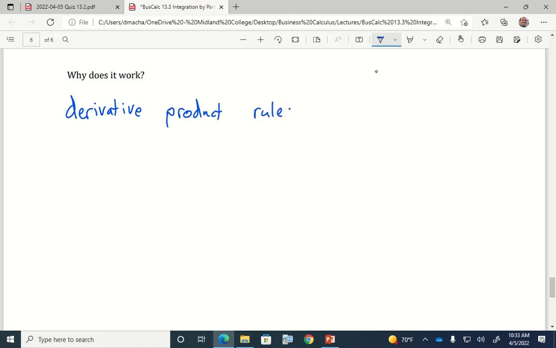The derivative product rule told us that if I have the product of two functions, f times g, and I'm trying to take the derivative of that product, my answer was f prime g plus f g prime.